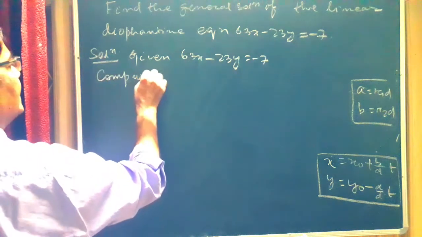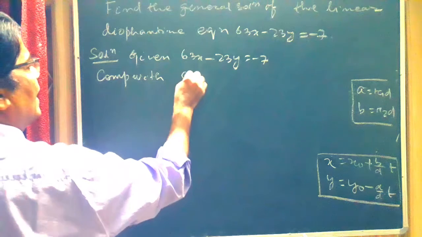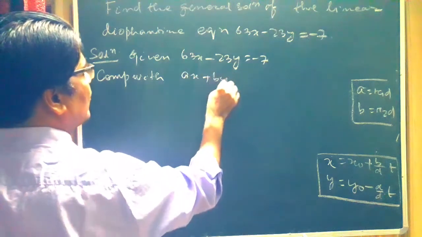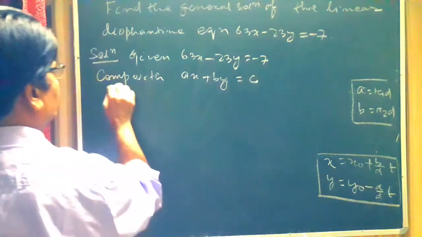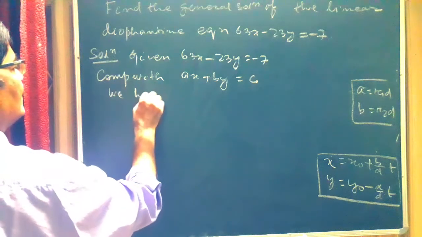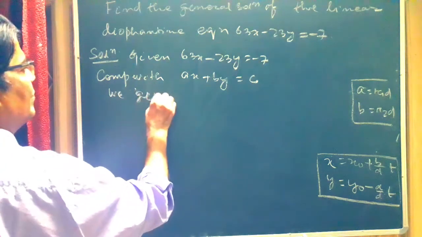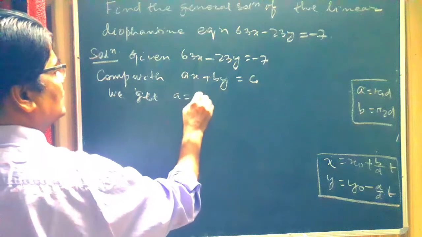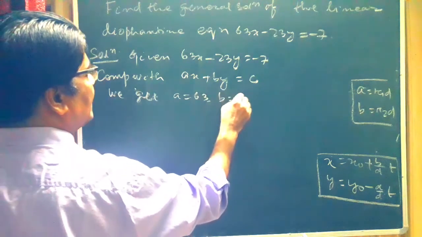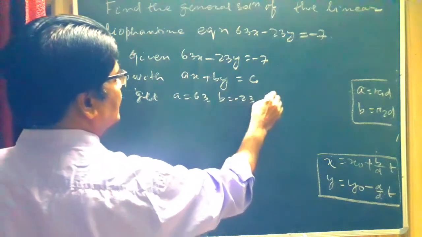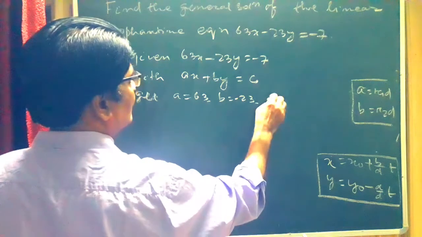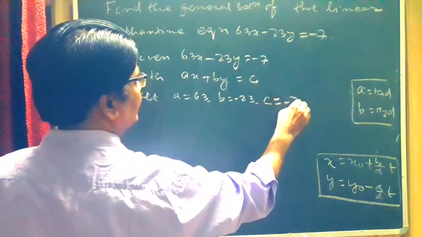Now comparing with ax + by = c, we get a = 63, b = -23, c = -7.